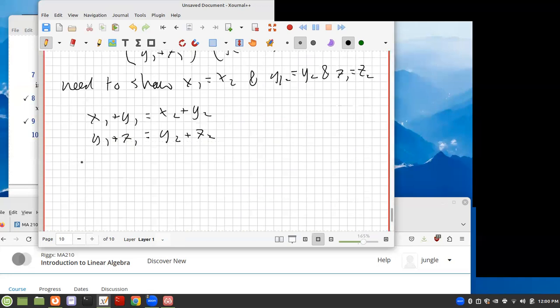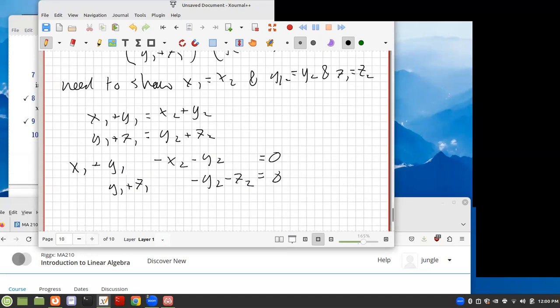We could write this as: the first equation is x1 plus y1 minus x2 minus y2 equals 0, and the second one is y1 plus z1 minus y2 minus z2 equals 0.